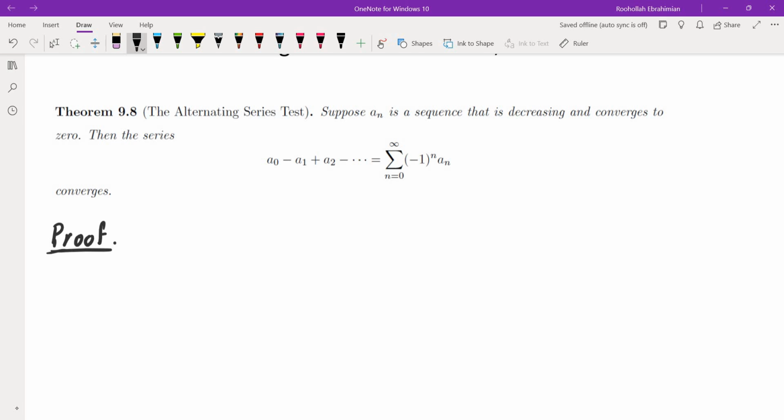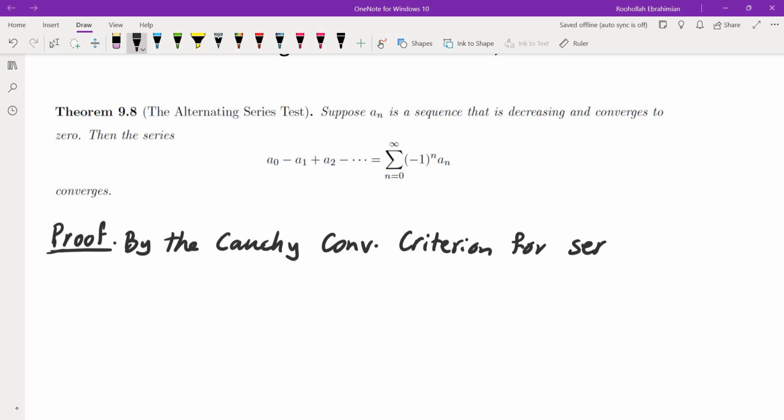And as a consequence, we got the Cauchy convergence criterion. So by the Cauchy convergence criterion for series, we need to show this.